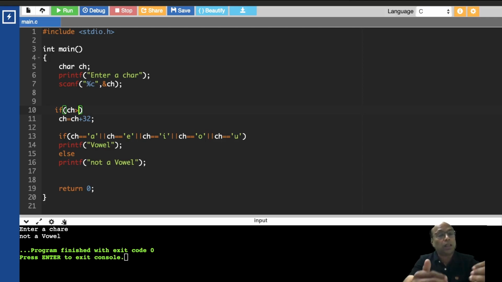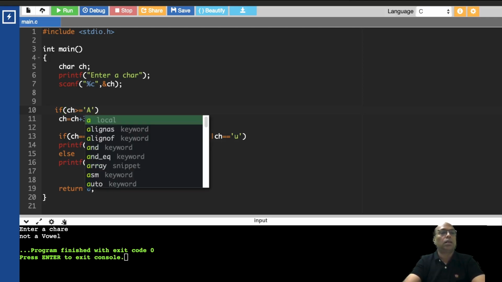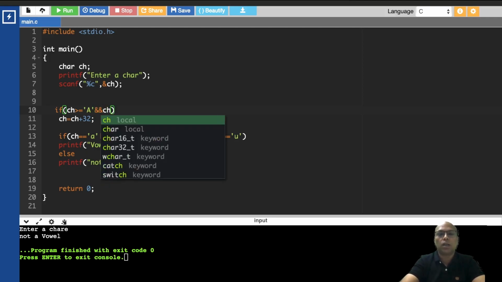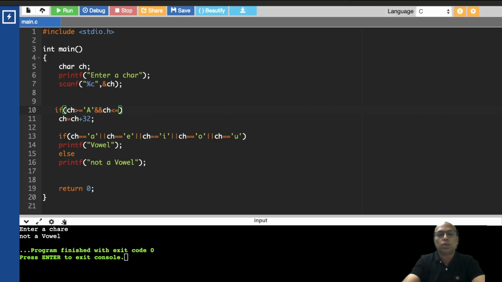Between. That means it has to be greater than or equal to the ASCII value of capital A and less than or equal to capital Z. Therefore I write: if CH is greater than or equal to capital A, and when I put capital A in a single quote I am putting the ASCII value of capital A, which is 65, and CH is less than or equal to capital Z. In this case, only one statement, I don't need a brace. If you want, put a brace.